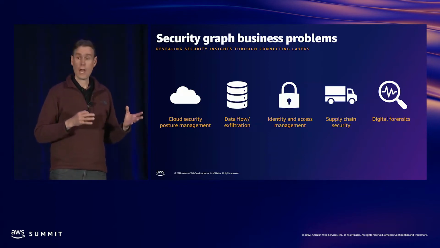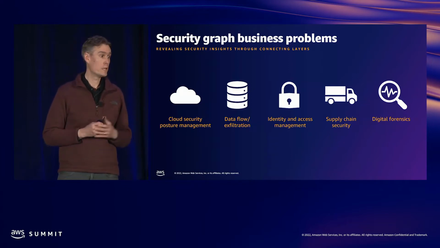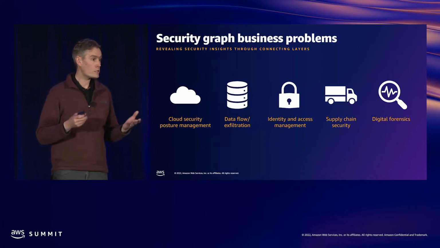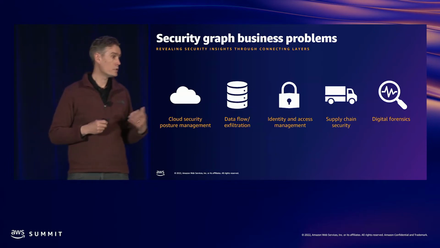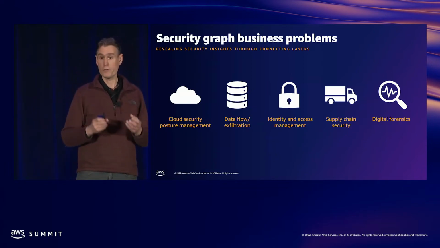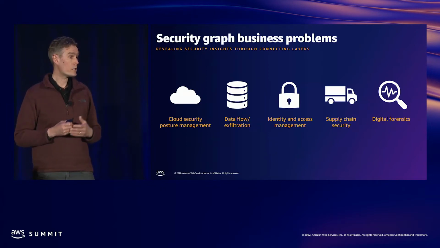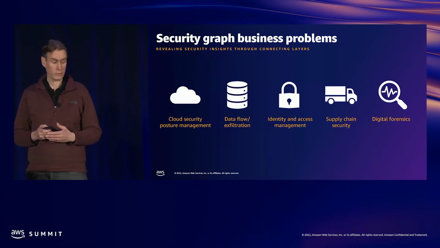If you look at how network flows happen across boundaries or between devices, you can use that to detect exfiltration or other kinds of data flows that you don't want. And so on and so forth. Identity and access management, supply chain security, digital forensics. Where did this file come from? I see this file hash. Where else was it in my network? Those kinds of problems are much easier to look at from a graph perspective.